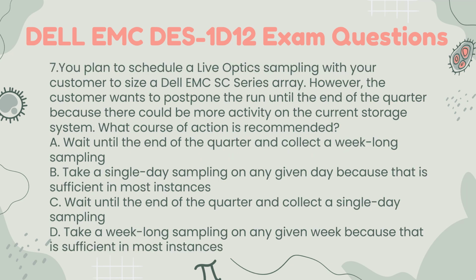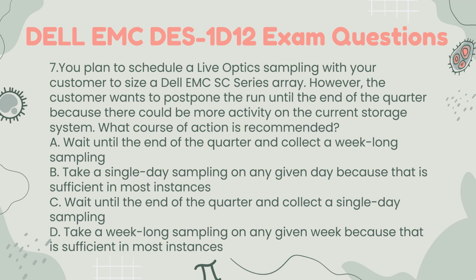7. You plan to schedule a live optic sampling with your customer to size a Dell EMC SC series array. However, the customer wants to postpone the run until the end of the quarter because there could be more activity on the current storage system. What course of action is recommended?